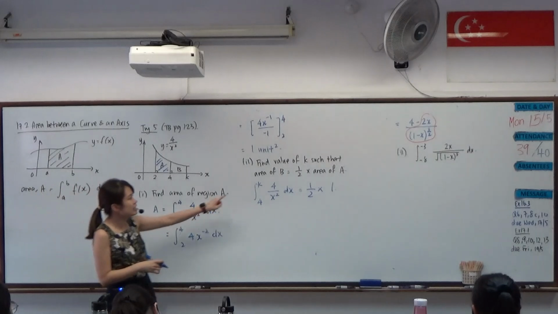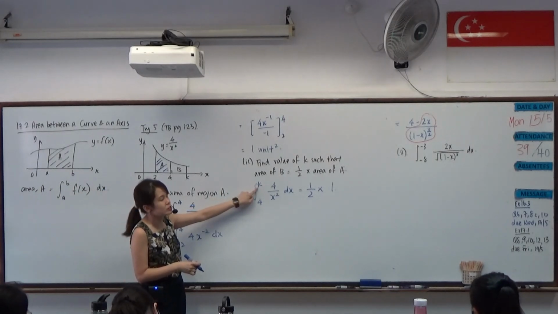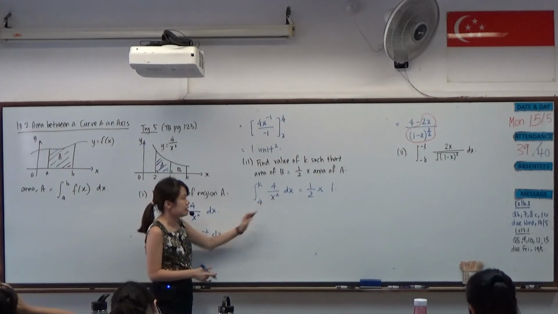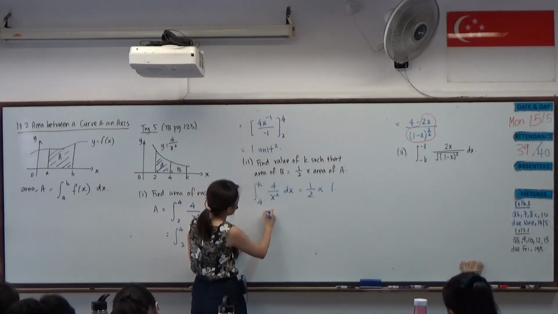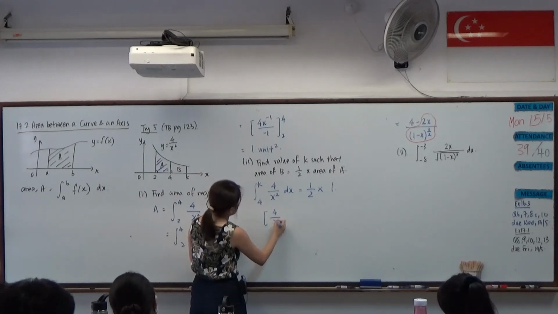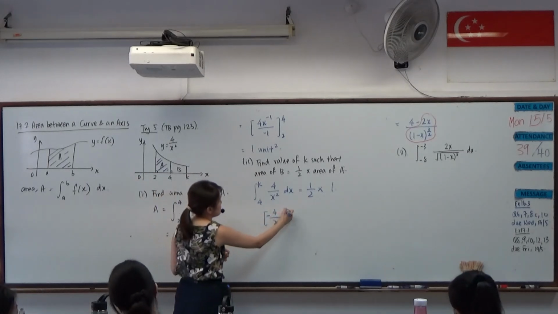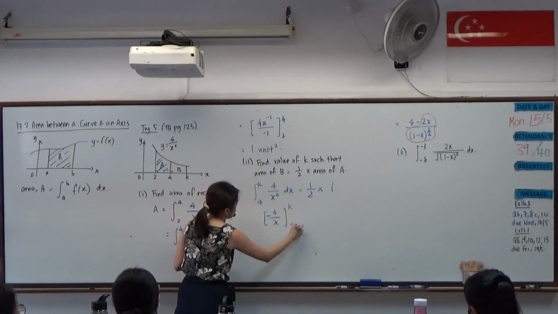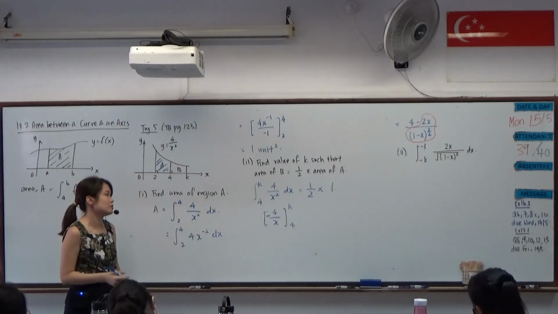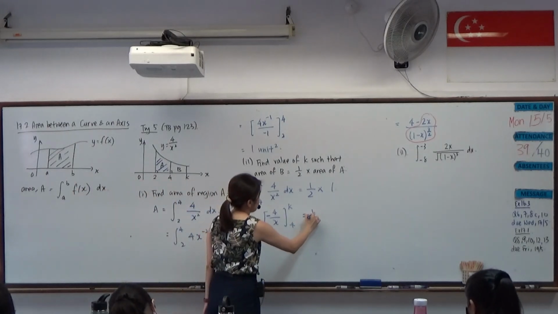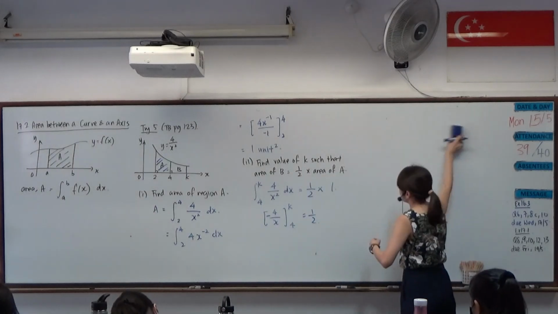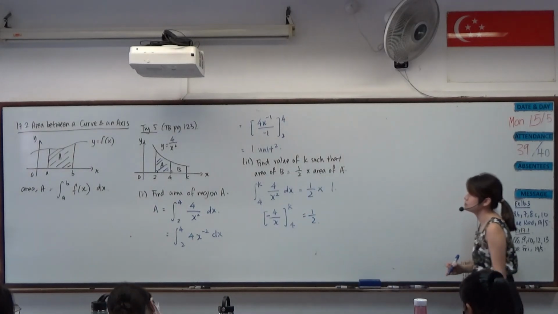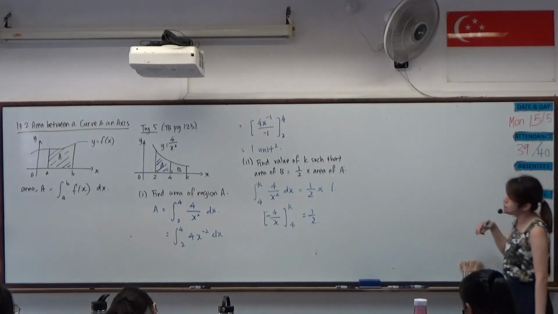So we need to find the value of k, and we can only do so by integrating this first. Integrating 4 over x squared, we already know, is 4 over x. Oh, sorry, negative 4 over x, with the boundaries 4 to k equals half. Then we substitute in the values.